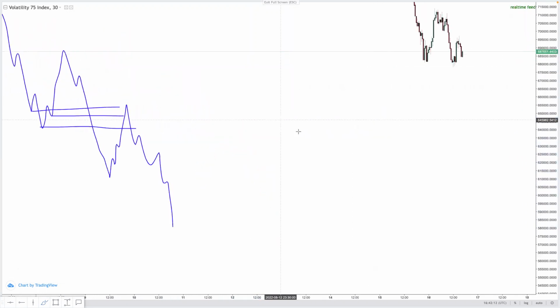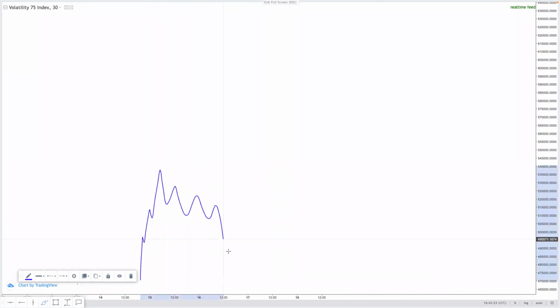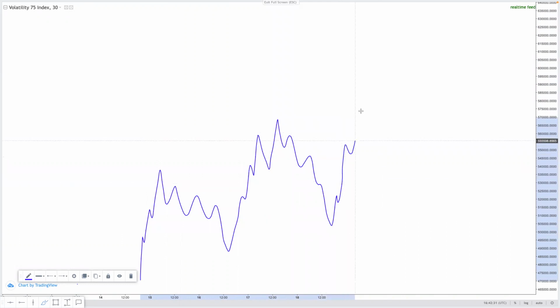And just in case, let's say we're in an uptrend, the structure is the same. So let's say we have an uptrend, and then we came to break structure right there.